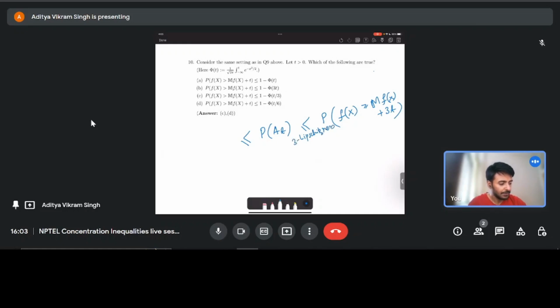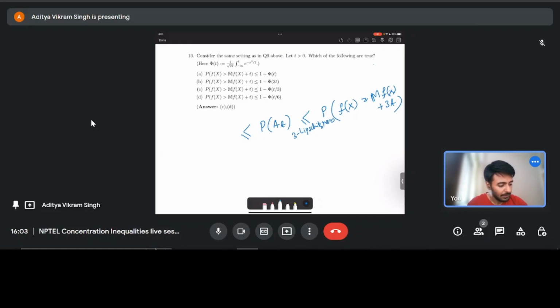We also had the probability of A_t is greater than or equal to the probability that x1 is less than or equal to t. This came from isoperimetry and rotational invariance of the standard Gaussian.